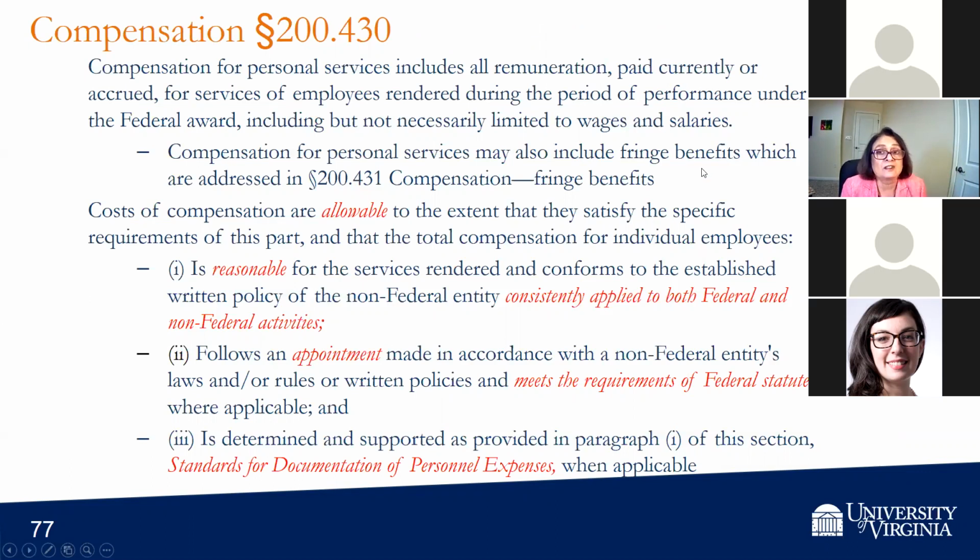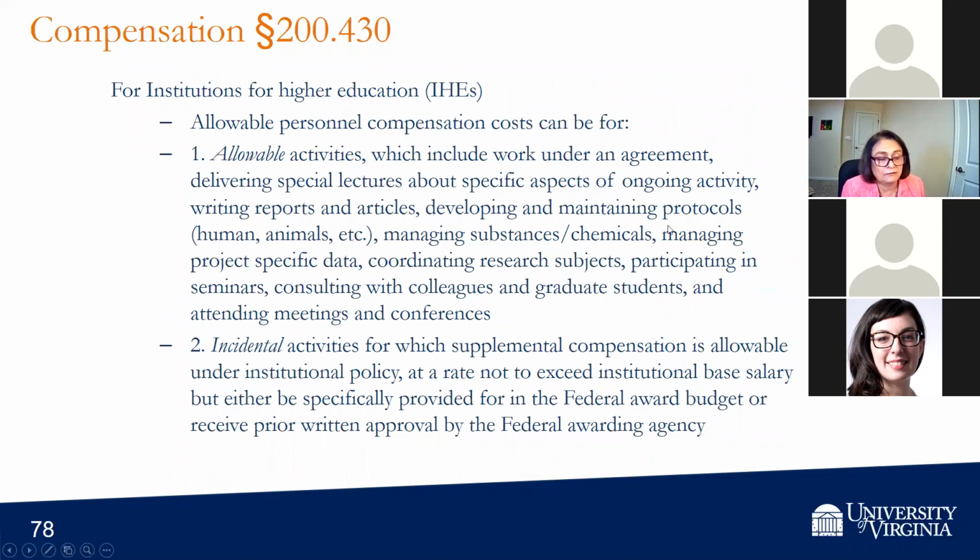Now, this is the compensation area. Compensation is a very big deal because compensation costs, our salaries and benefits, are probably 80% of our research costs. So we do have some very clear definitions of what is allowable by an institution of higher education to be charged as compensation to a federal award versus allowable activity versus incidental activities.